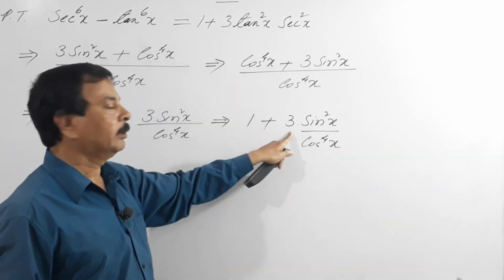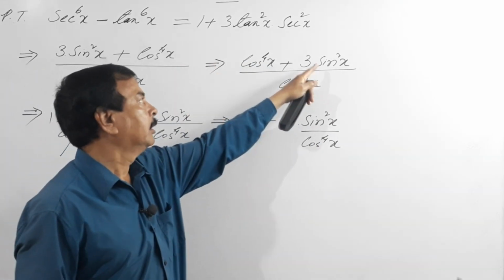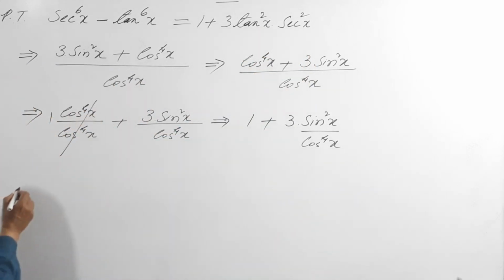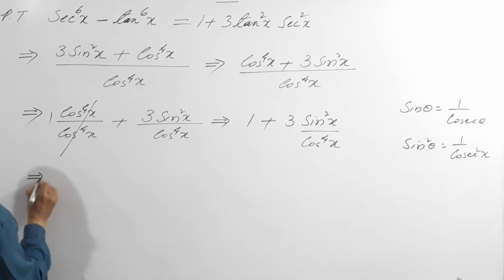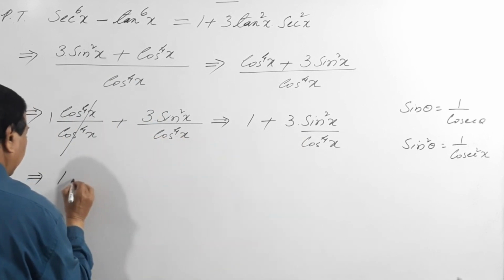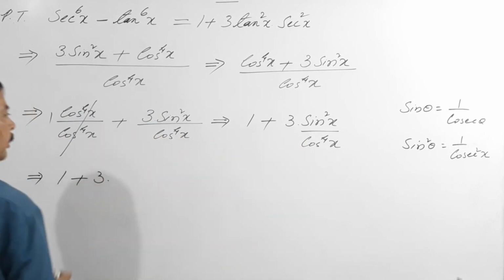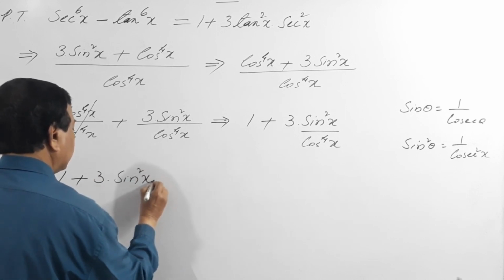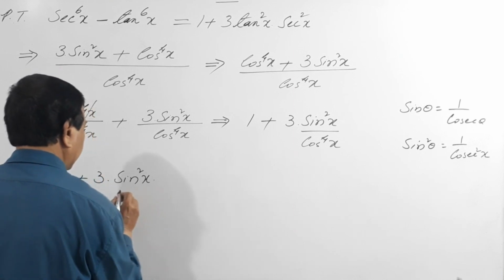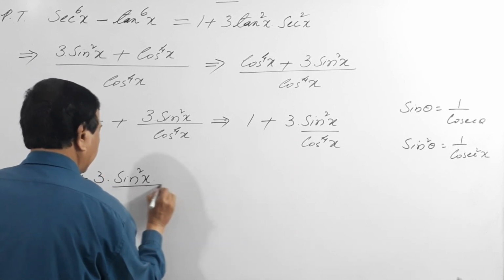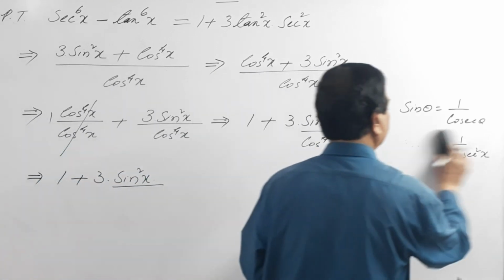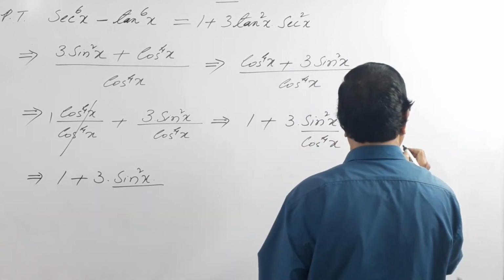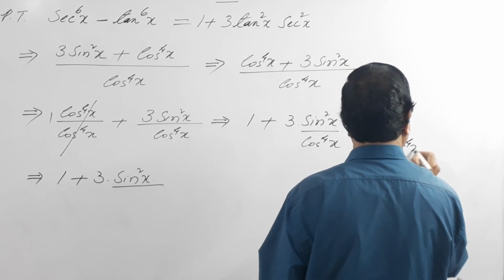1 भी आ गया, 3 भी आ गया, बचा क्या? We have to get tan square into secant square. वो भी लेके आ जाएंगे, वो कुछ बड़ी बात नहीं है. I'll write this as 1 plus 3 into sin square x divided by cos to the power of 4x.